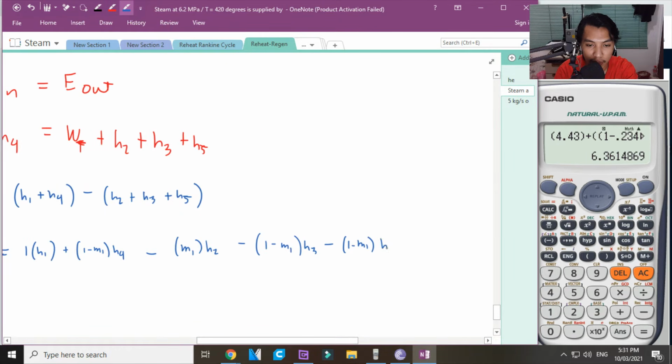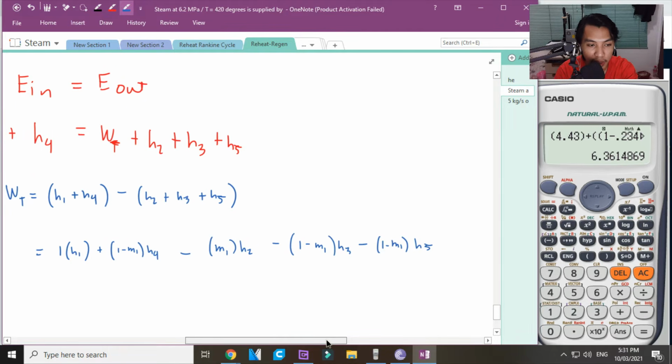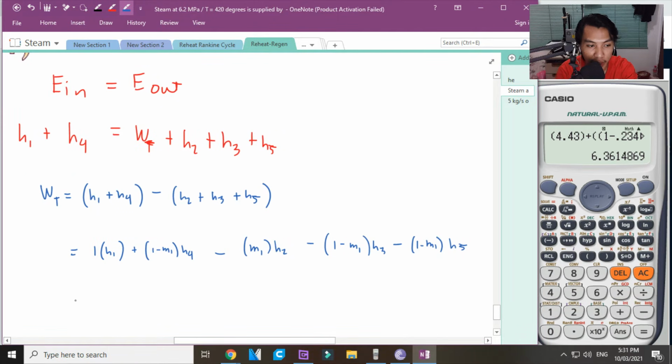Minus H5. Simplify ko pa ba? Yes, you can simplify. Tignan mo yung may mga H1 dyan: 1 times H1 minus M1 H2, plus 1 minus M1, factor out mo, H4 minus H3 minus H5.